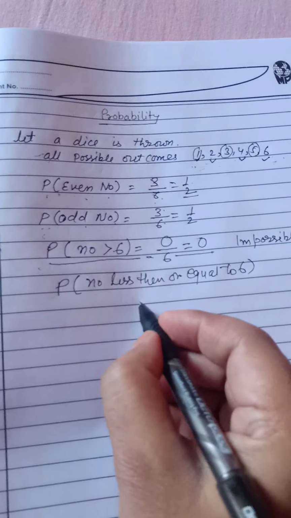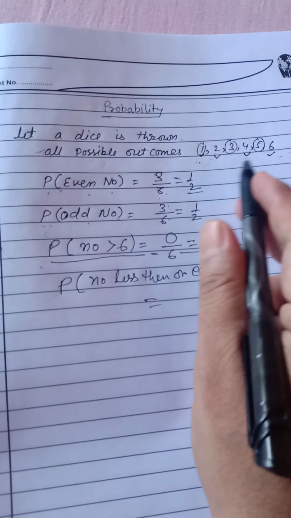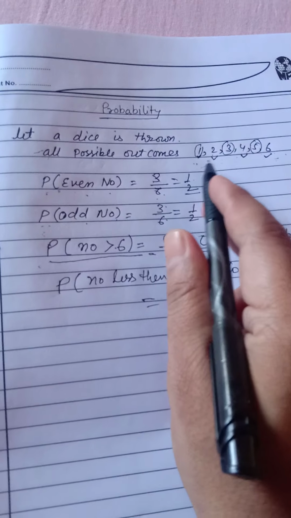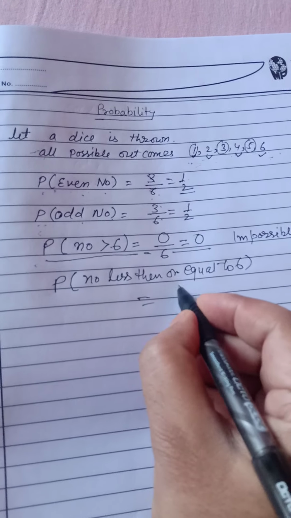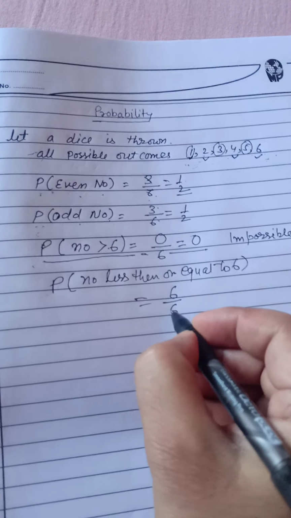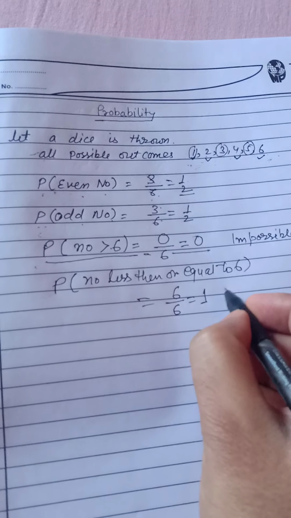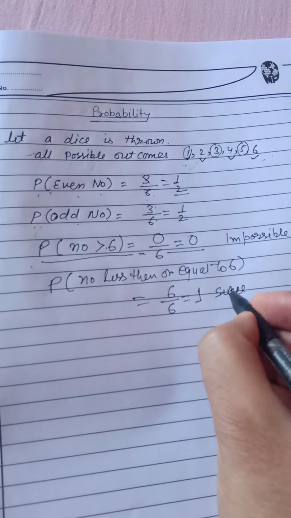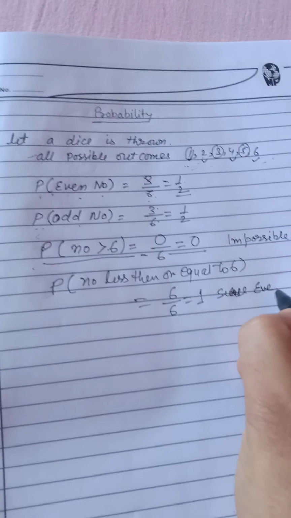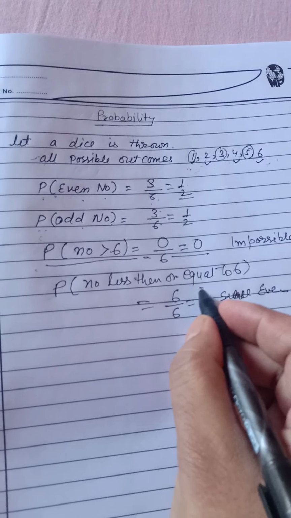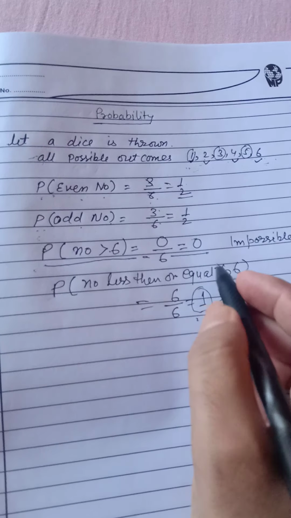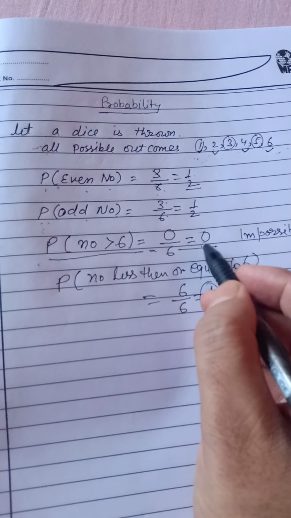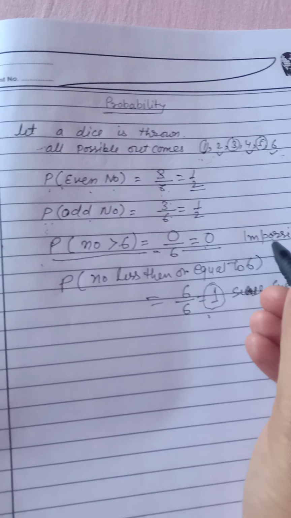All the 6 numbers are less than or equal to 6, so we have 6 upon 6, that is 1. So this is a sure event. If the probability of an event is 1, it is called a sure event, and if the probability of an event is 0, it is an impossible event.